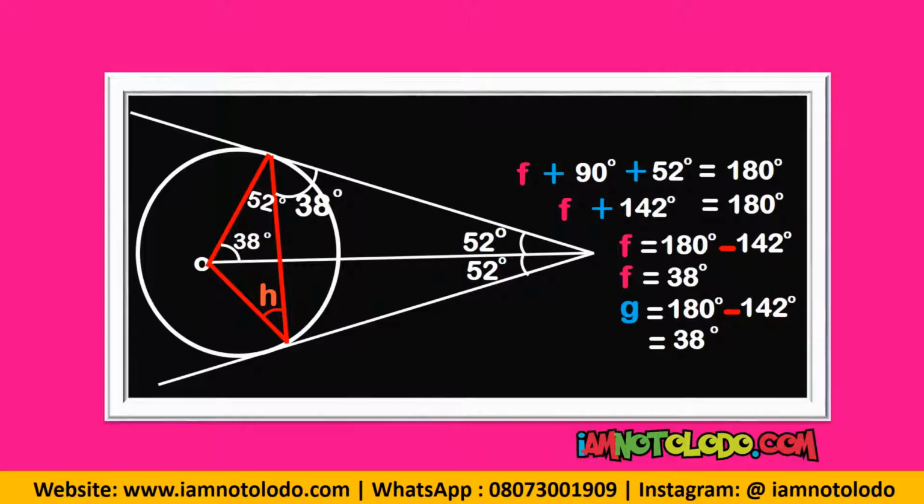So the whole of this place is an isosceles triangle, and we know that in an isosceles triangle, base angles are always equal. That is the angle here. Since that small side is already 52, automatically our H is 52 degrees. Very easy, right? Do you understand? Good.